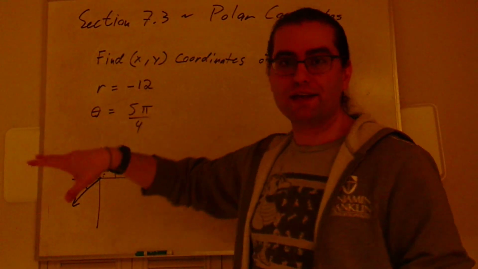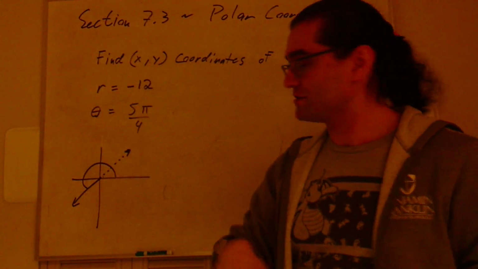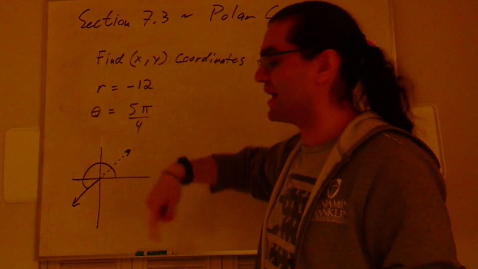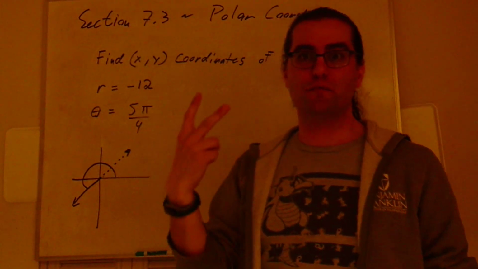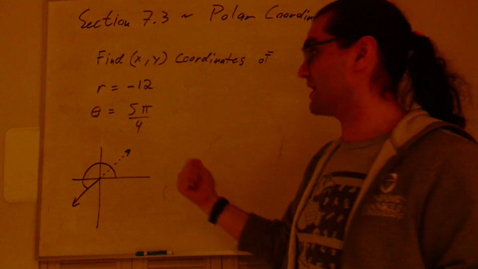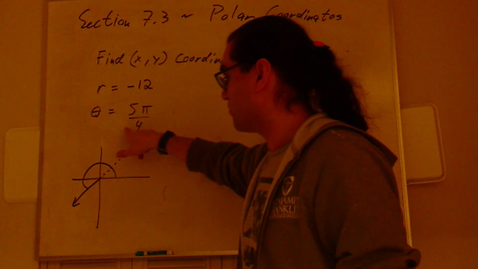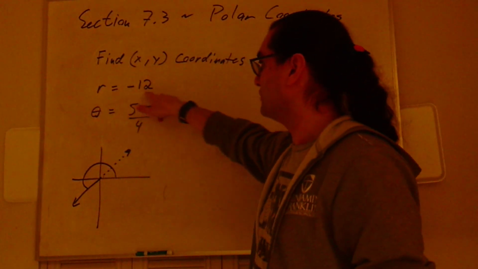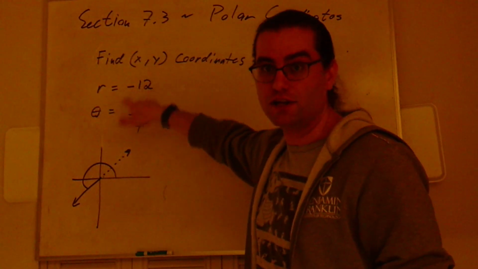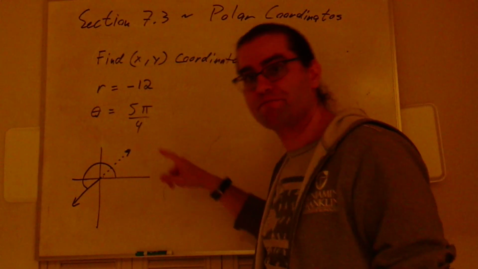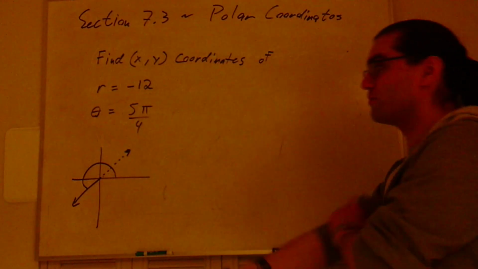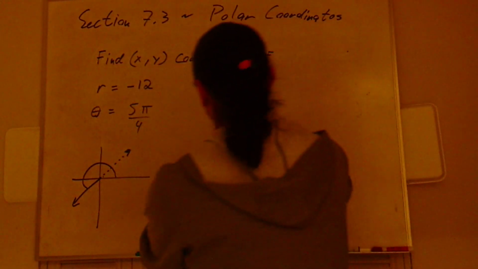When I do my x and y coordinate calculations, I should expect my x value and my y value to both be positive in this case. Because if I point into quadrant 3 and go backwards, it should put me in quadrant 1. That's the goal here. Let's see if it actually works out that way.